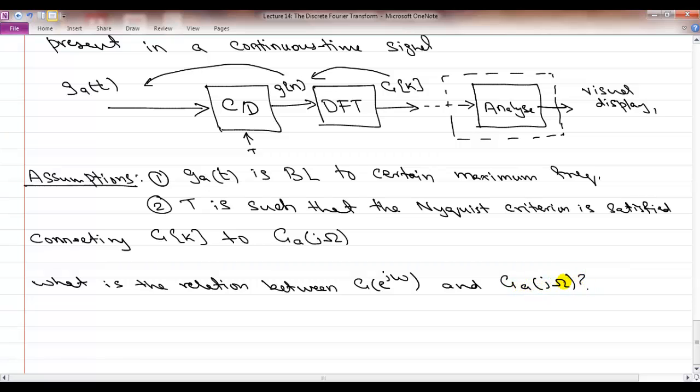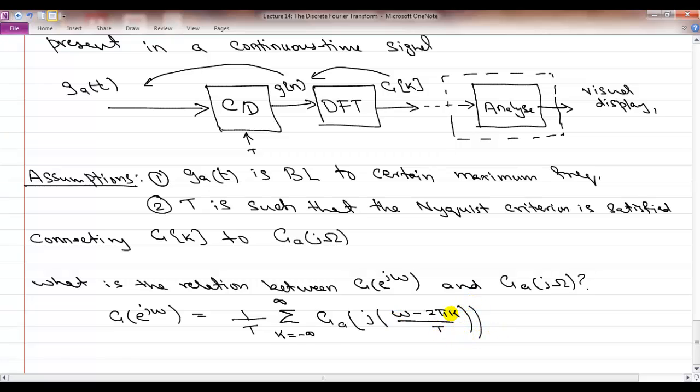If we satisfy the Nyquist criterion, if G_a(jω) is band limited, we know from previous classes that we get three key aspects. One is there is a scaling of the amplitude. The other is we get repeated copies. And the third is we get a scaling of the frequency axis.